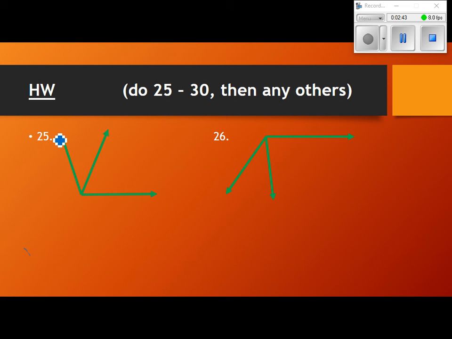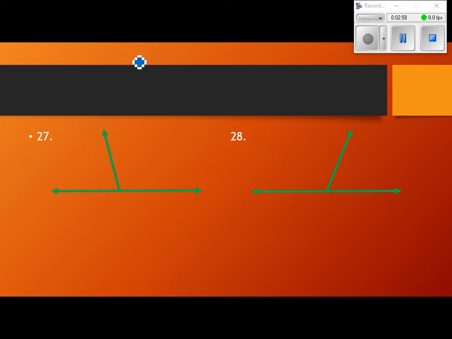Problem 25, they tell us that this angle is 2x plus 23, and they tell us the other angle.